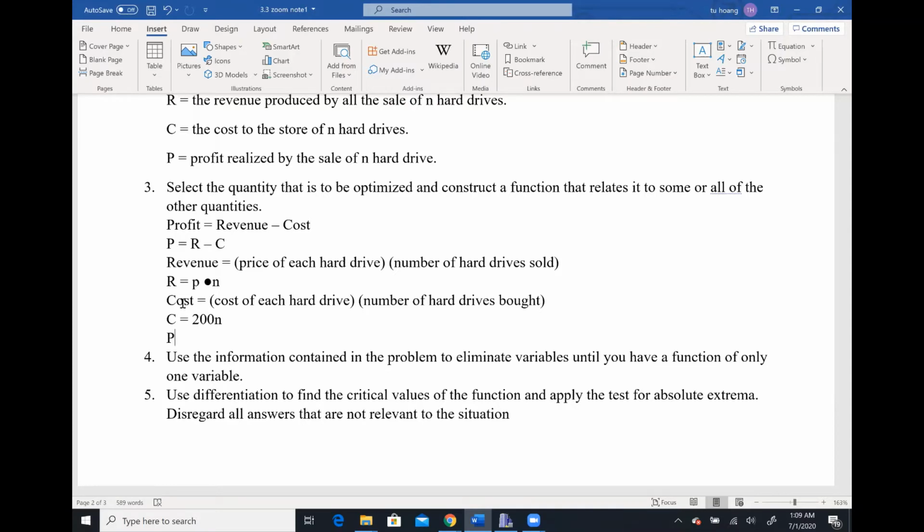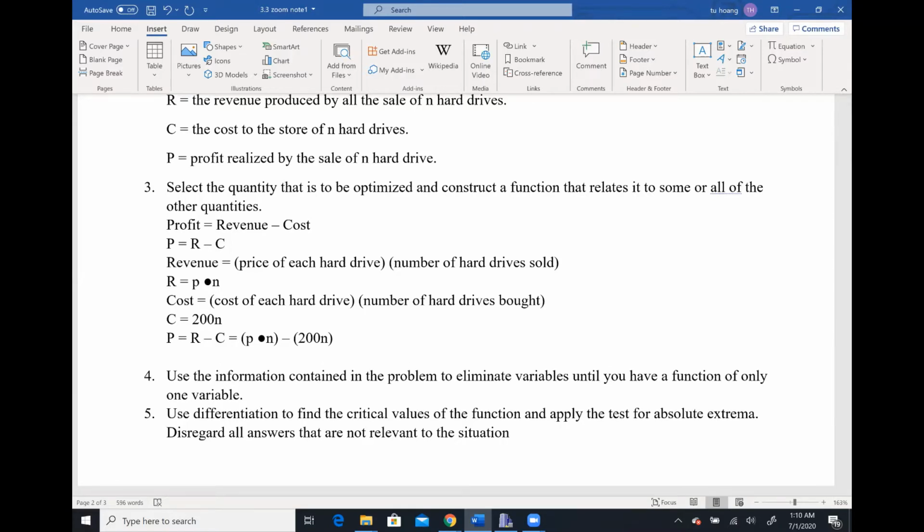So P equals R minus C, and I'm going to substitute R equal to P times N. I'm going to copy this one, minus, sorry, C is 200N.